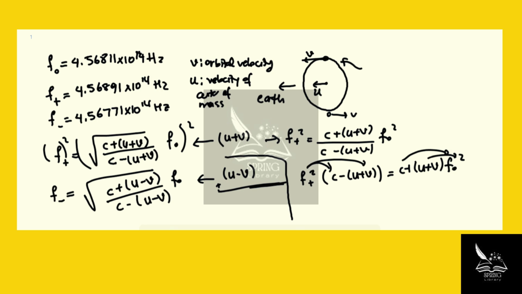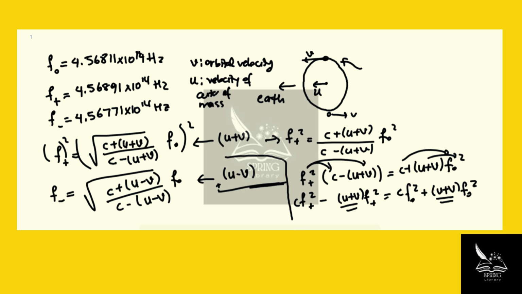Same thing for the right-hand side. So C times F plus squared minus U plus V F plus squared is going to be equal to C F naught squared plus U plus V F naught squared. Now these two terms have the U plus V as a multiplier.